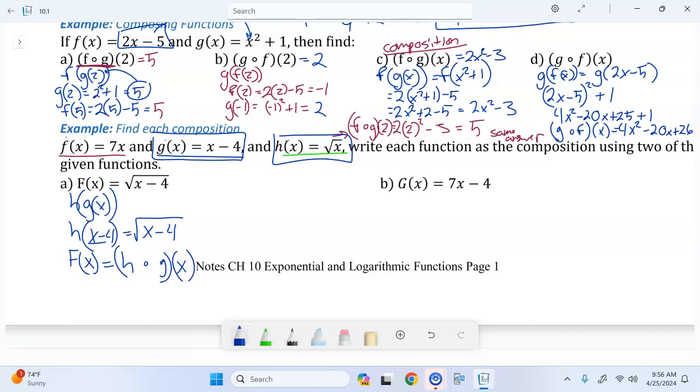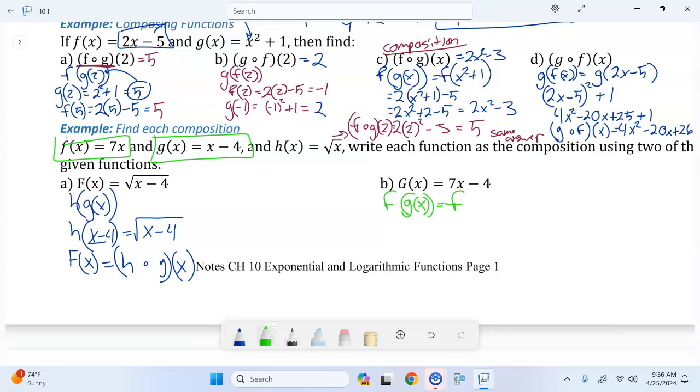What about for big G of x? Which 2 functions are we going to use to compose? X and g of x. And which one is going to be our input? Okay, let's try it out. You want g of x to be the input? Okay.